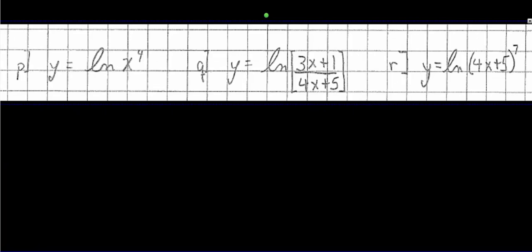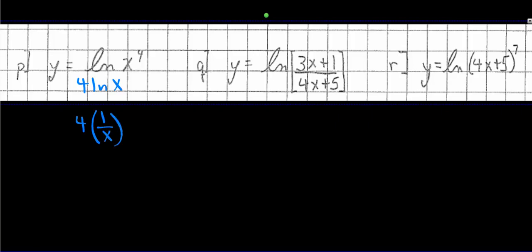Now here we've got natural log of x to the fourth. I recommend this. Rewrite this as 4 log x. In other words, use that property of logs, because now notice what we can do. We can say the derivative is just going to be 4 times 1 over x.